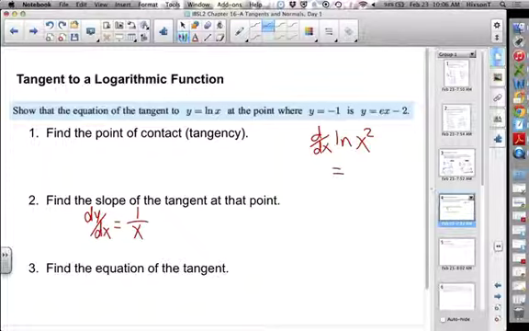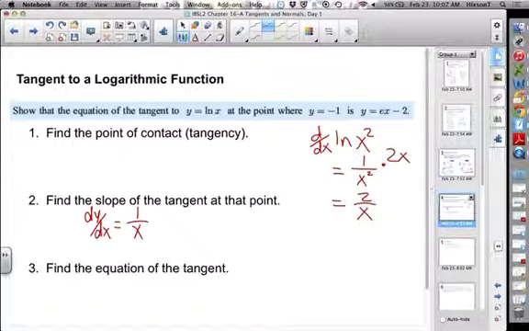It would be 1 over what you're taking the natural log of, and then you use the chain rule, so it's times the derivative of what was inside your natural log. So in this case, it would be 1 over x squared times 2x, which would cancel out one of those x's in the denominator, so it would just be 2 over x. Notice there are no natural logs in our result for these logarithmic functions.